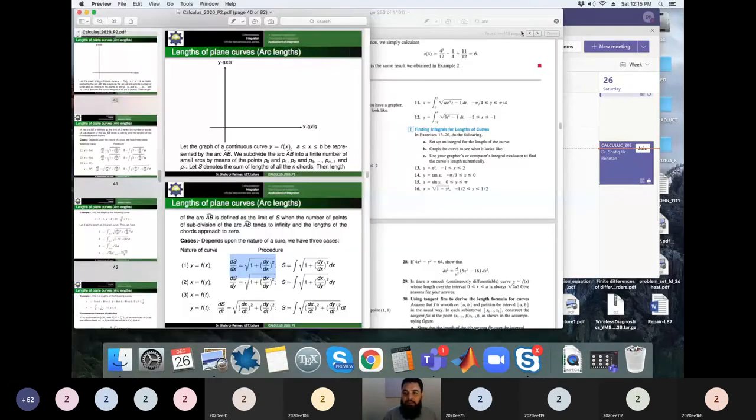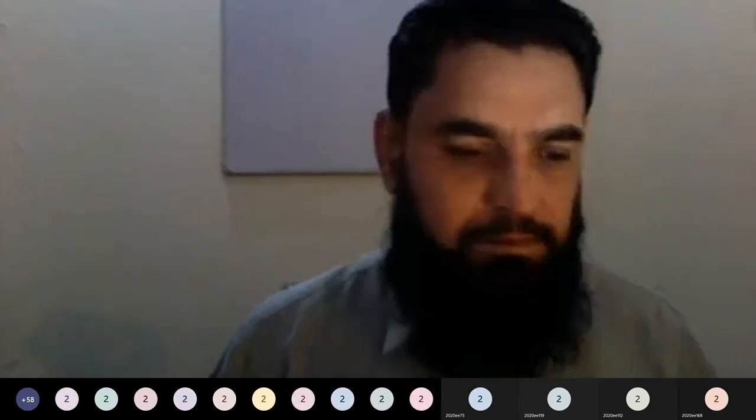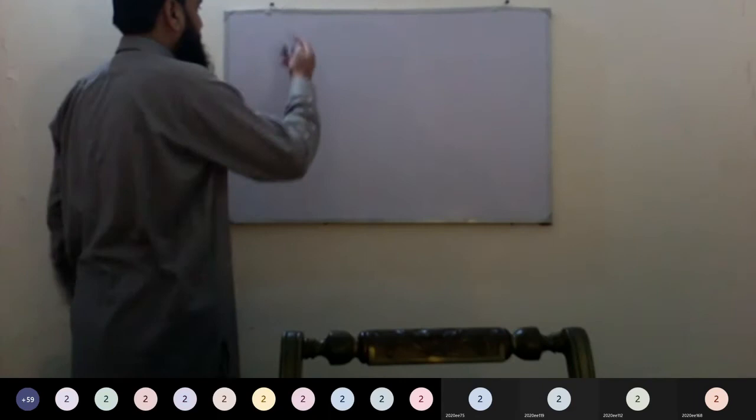For the geometry, we need to go to the side of this board. All right, so we have a continuous portion of the curve, for example, described in the xy plane.